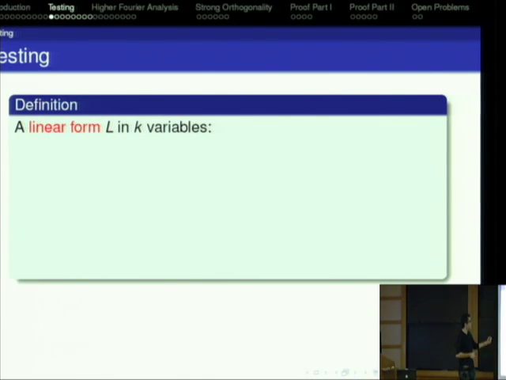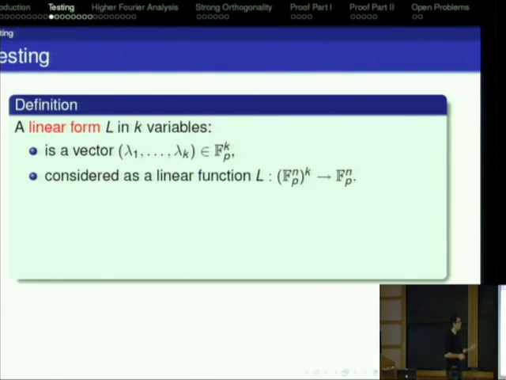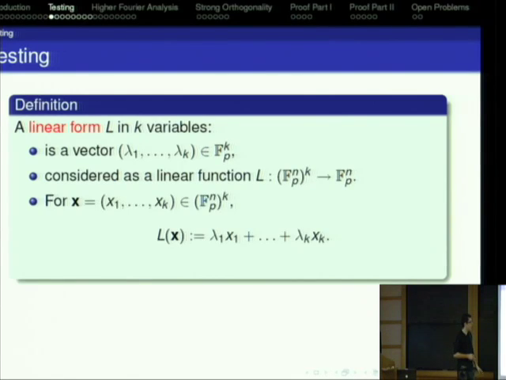So for us, a linear form L in k variables is just a vector in F_p^k. So it's some lambda_1 to lambda_k in F_p^k. So each one is an element of F_p, and we treat this vector as a vector of coefficients. So L is a function from (F_p^n)^k to F_p^n in the following way.